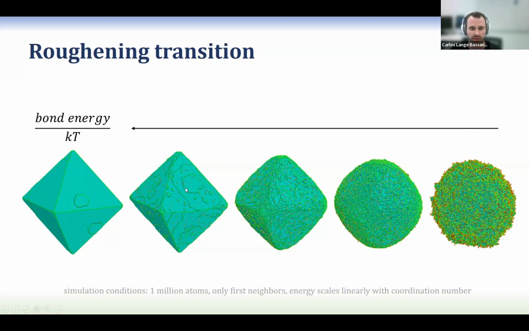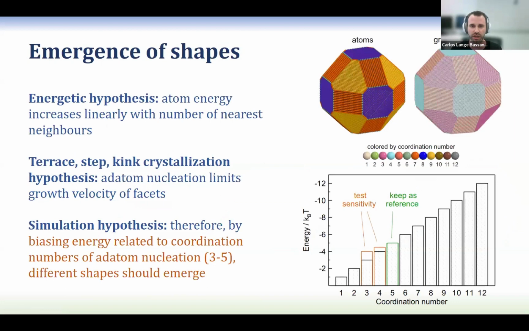So we start forming growth islands and roughening until a point where the growth is completely random. It's just isotropic, and we form a sphere, right? So temperature is mostly related to this roughening transition, but it doesn't describe any shape transformation.